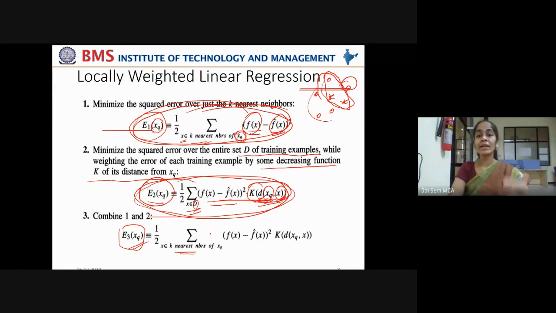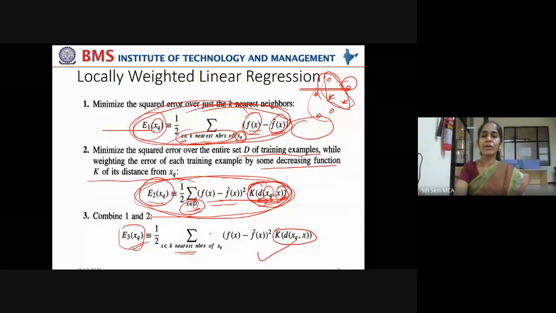You give weight to the k nearest neighbors, so that among those k nearest neighbors, the very near neighbors count more and you can assign the new instance to that particular class. That is why we have added this new function k, which is a function of the distance between the new instance and the existing instance. So you have substituted this distance measure into this equation, and brought the k nearest neighbors here.